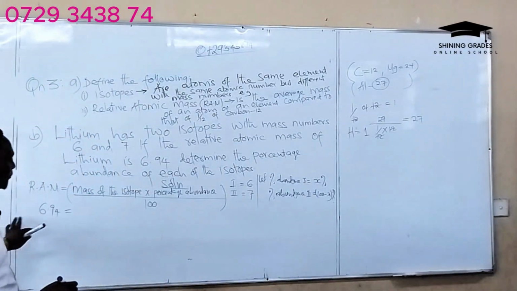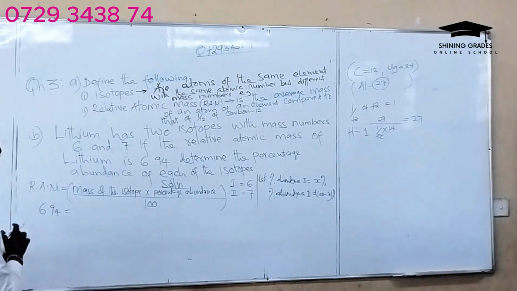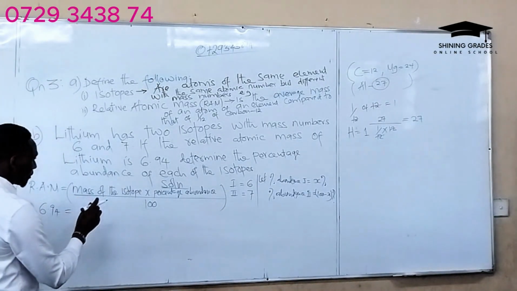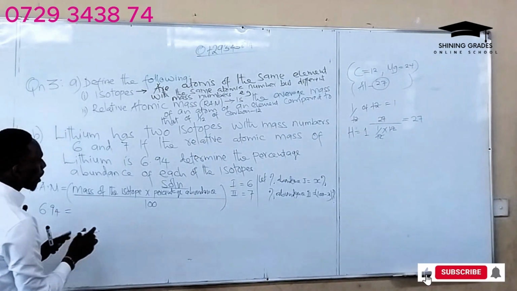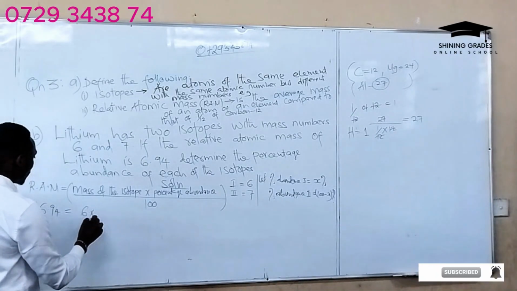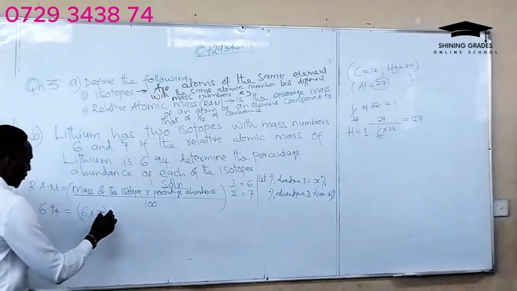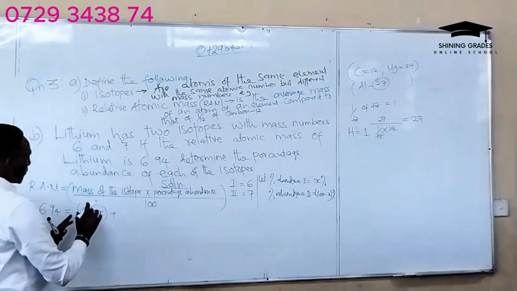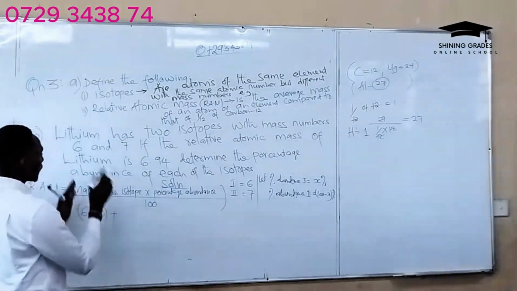So in this case, I have to substitute in my formula. I have mass of isotope 1 as 6 multiplied by its percentage abundance X, plus the other isotope. I just use the same formula. I apply this formula twice because we have two isotopes.